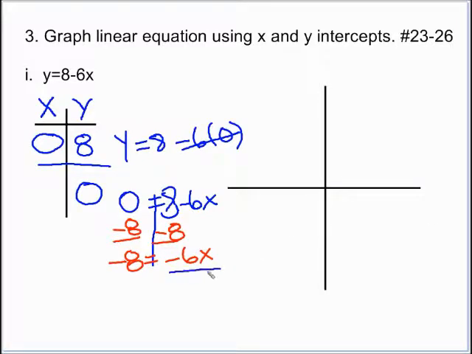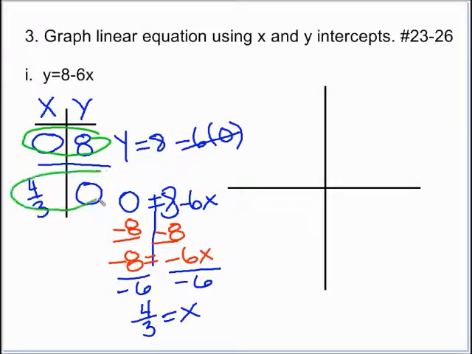Divide each side by negative 6 to get the x alone. And if I do everything right, if I know that a negative divided by a negative is a positive, and I reduce the fraction 8 over 6, I get the fraction 4 over 3 equals x. So the y-intercept is 4/3. So again, we found it using zeros.